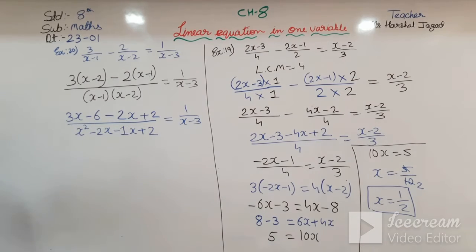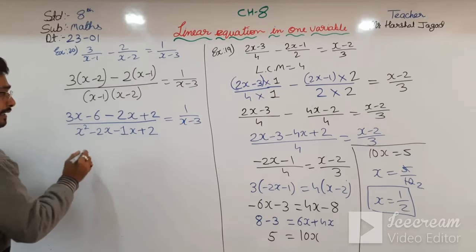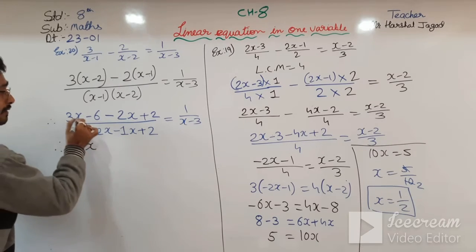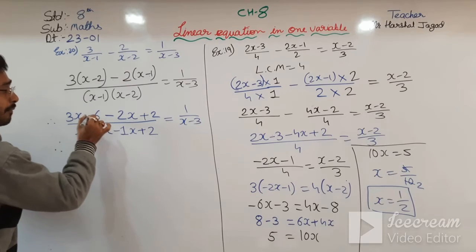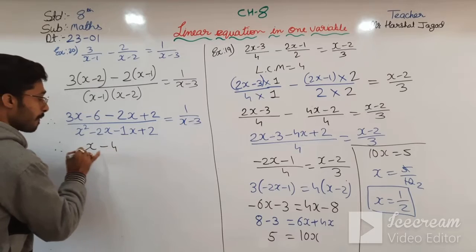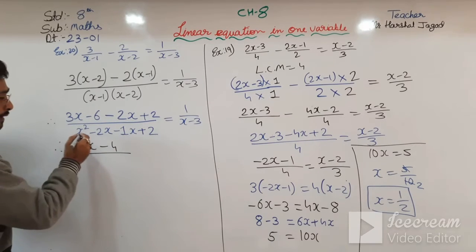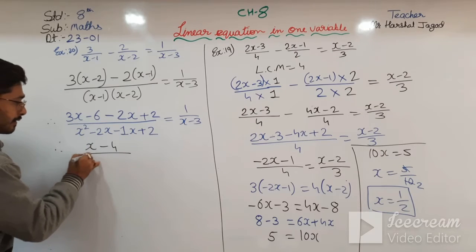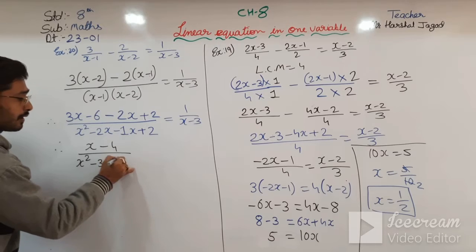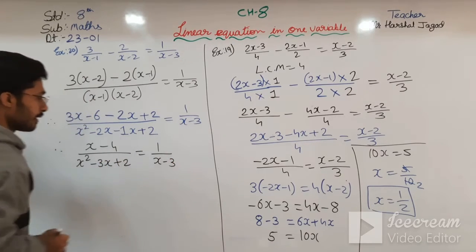Okay, here now taking this to this side, 3x minus 2x, that is only x. Minus 6 plus 2, that is minus 4. Here we have x square as it is, minus minus plus, so minus 3x plus 2 is equal to 1 upon x minus 3.